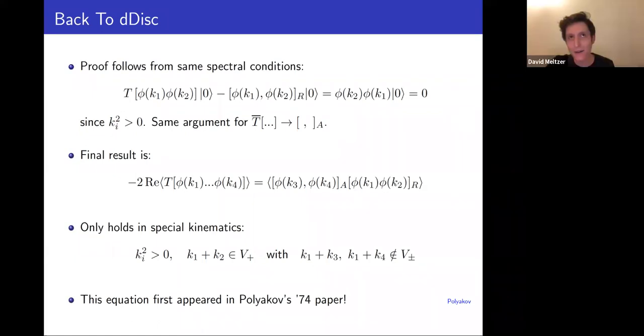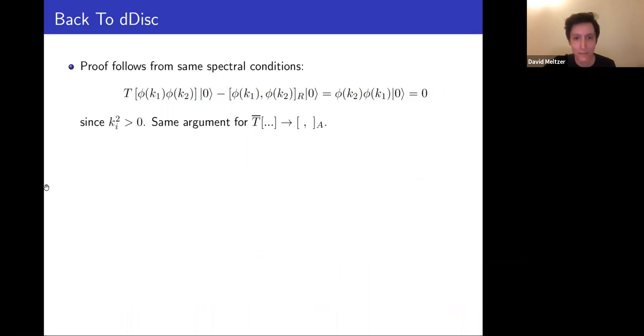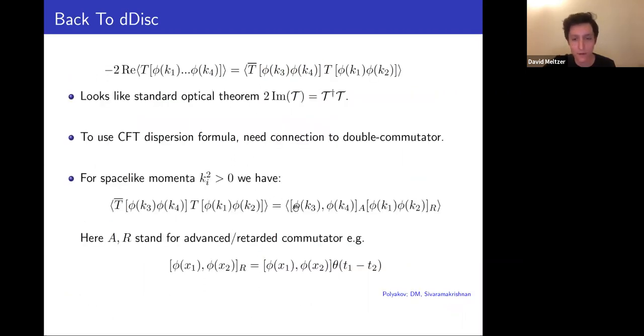I mean, he wrote it down. He was trying to generalize the factorization of flat space amplitudes to CFTs. He didn't really explain it in his paper. But he gave some arguments, I think the same arguments I was giving for this equality.